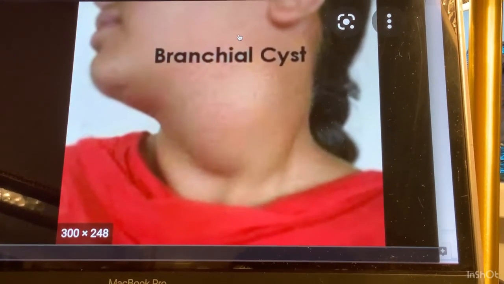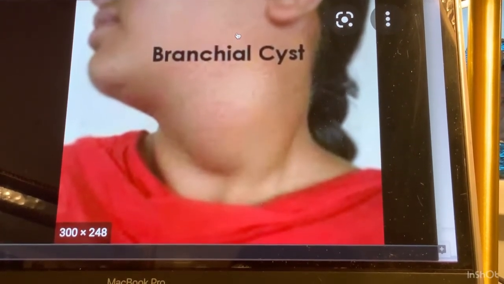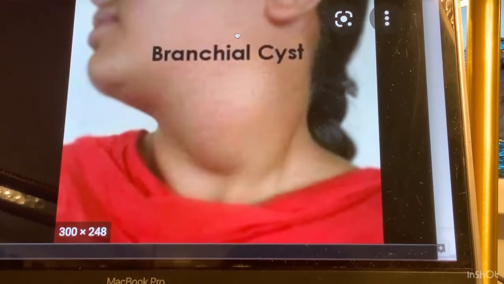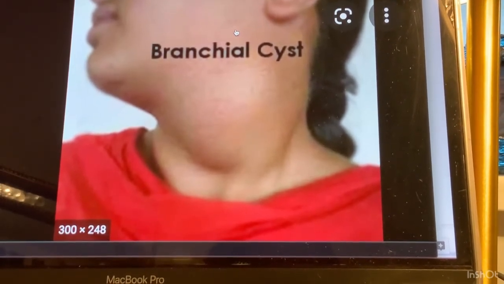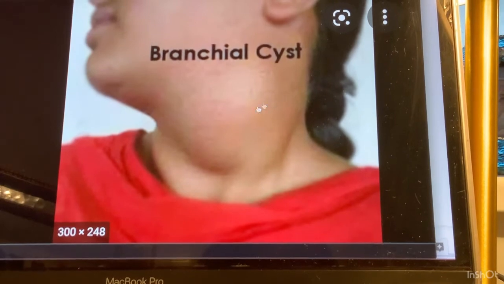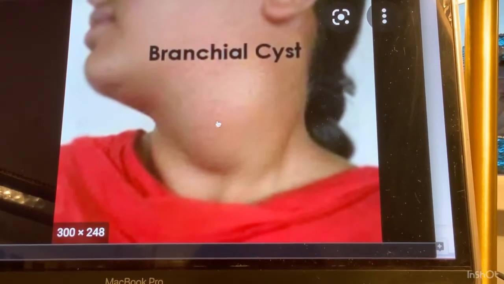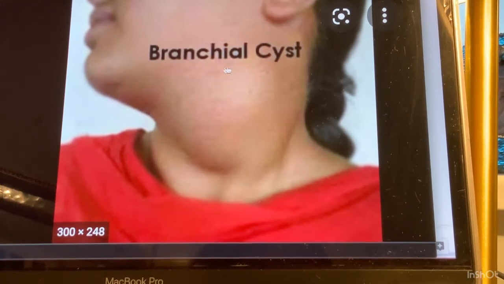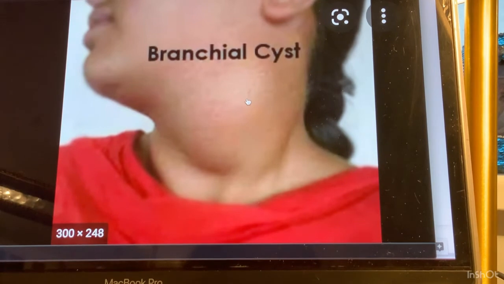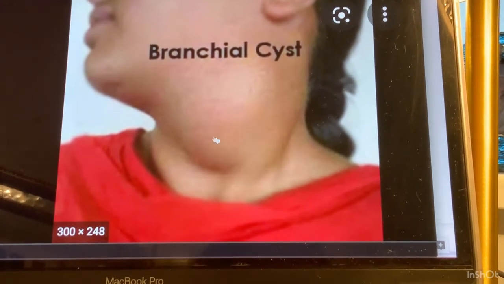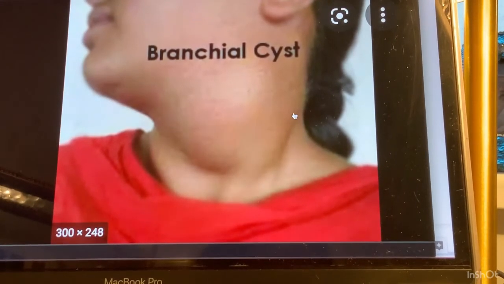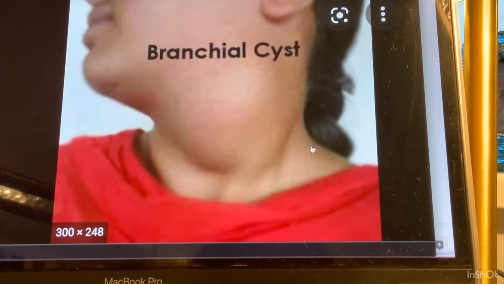As I promised, I was going to show you some of these videos of these neck masses right at the end of the video. So first, I'm going to show you a few lateral neck masses. So this is a lateral neck mass. Remember, lateral meant anything which was both anterior to the sternocleidomastoid, the anterior triangle, or posterior to the sternocleidomastoid, the posterior triangle.